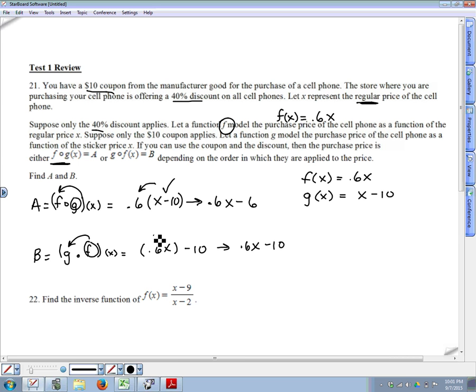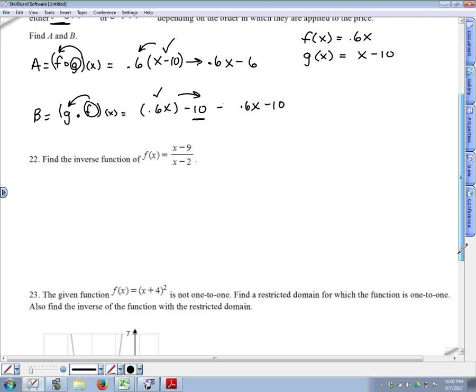Whereas this one, g of f, you do the 40% off first, and then you apply the $10 off coupon. Which one's the better deal? It's taking 40% off and then subtracting 10 from that. So the better deal is g of f. You're going to save a lot more money. Well, a lot more, I don't know. You're going to save more money doing it that way.